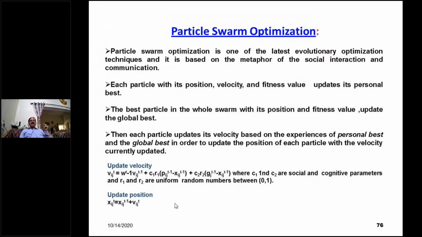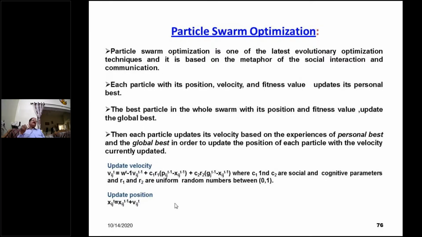Now consider the bird sitting on a tree. You can define a bird's position having three axes, x1, x2, x3, or xyz. Now when they move towards the food source, they change their velocity. So in the x1 direction, x2 direction, and x3 direction, in all three directions, their velocity is being changed.